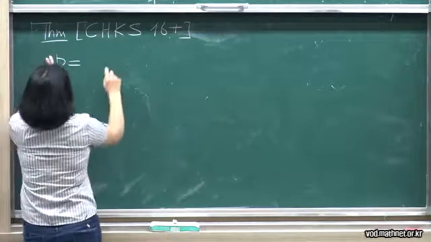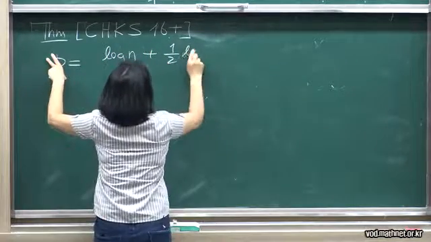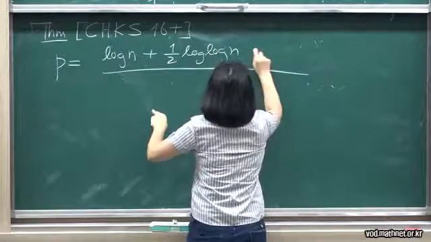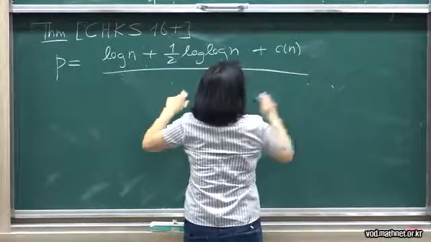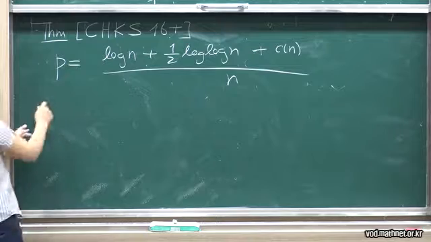So guessing tells us that it should be this one. But then we do the same business. We add something or subtract something so that such an expectation blows up or tends to 0.